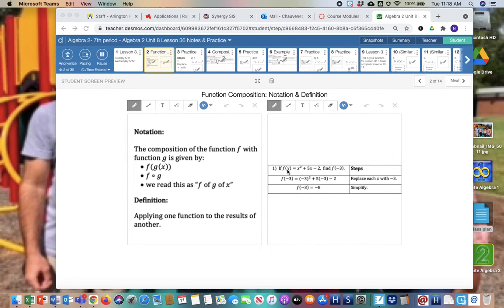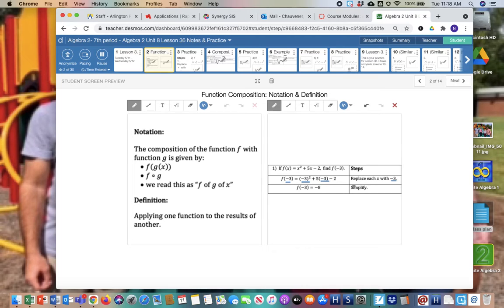You see how it says f of x equals x squared plus 5x minus 2, we're going to find f of negative 3. So what that really means is, everywhere we see an x, we are going to replace it with a negative 3. So notice you put negative 3 everywhere that you see x.